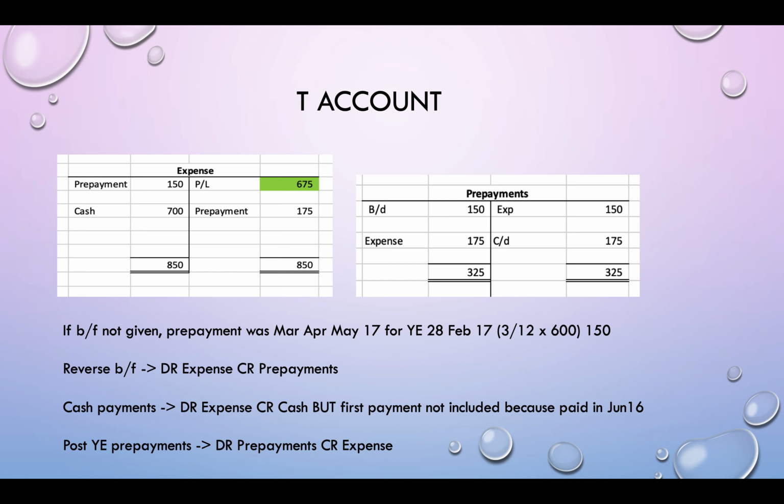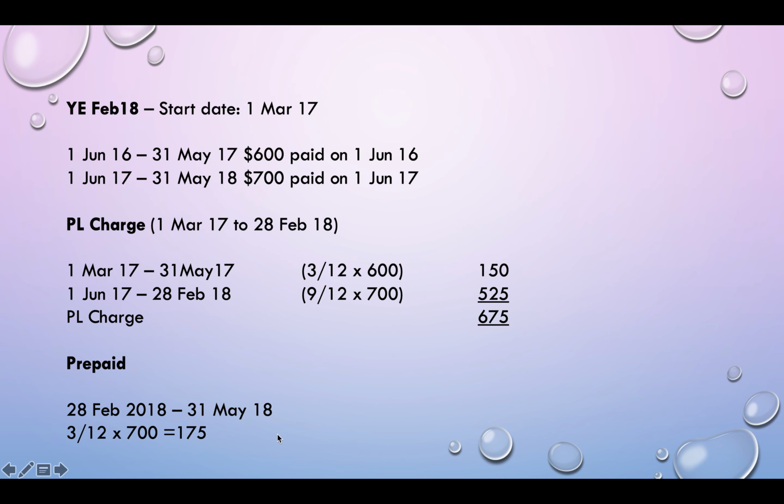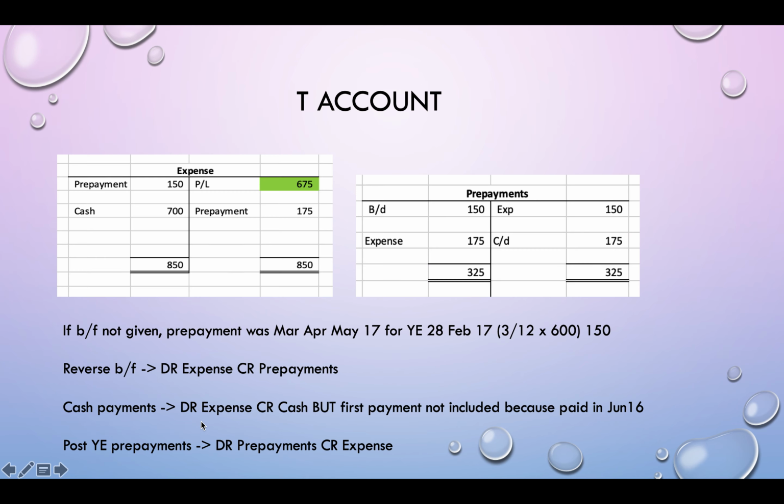The next step now is to post the year-end prepayments, and in this case you have calculated here 175, so you debit your prepayments 175 and you credit your expenses by 175.